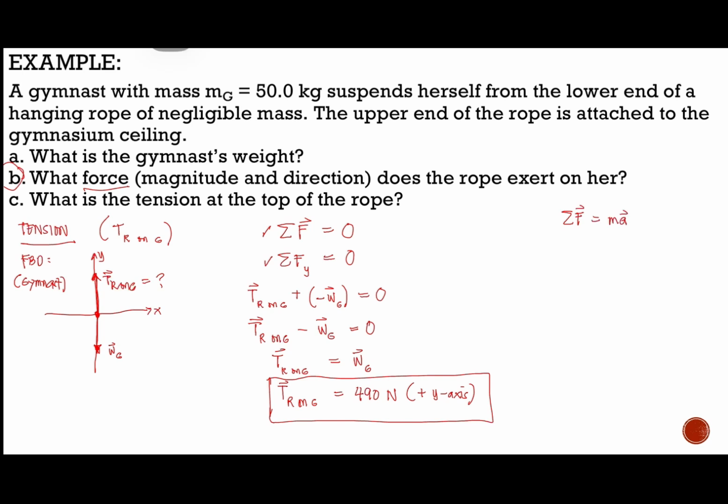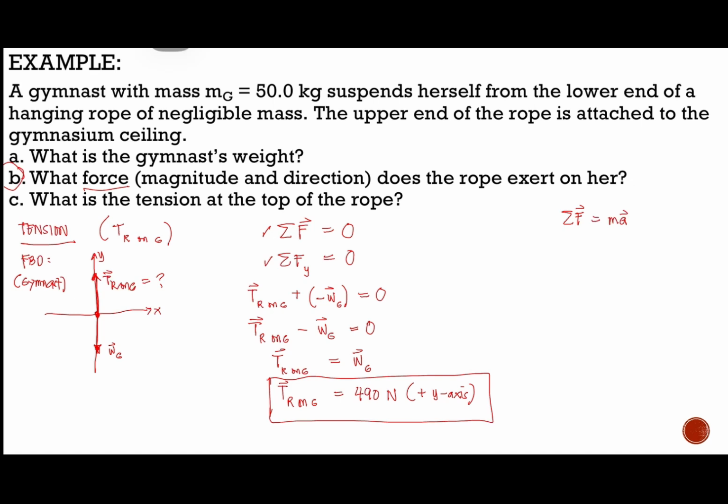Since again, this is an example of an application for Newton's first law, we will start with the equation for Newton's first law. If it is a Newton's second law problem, then we will start with Newton's second law equation. So that is why we are starting with these equations.